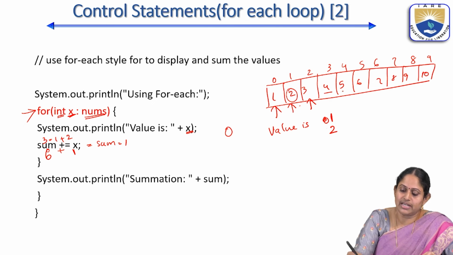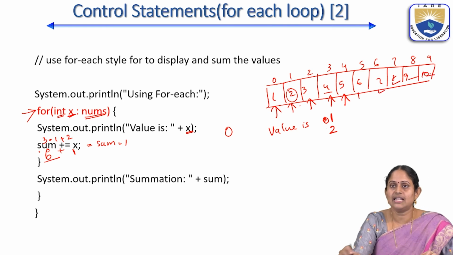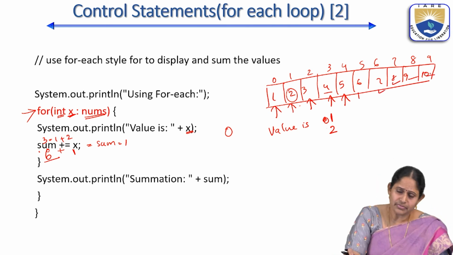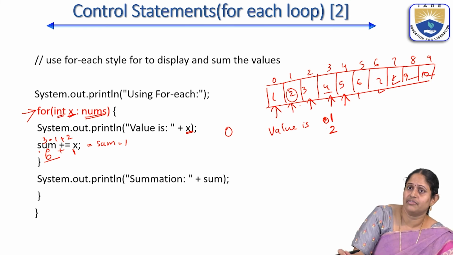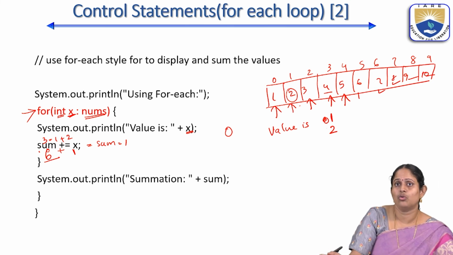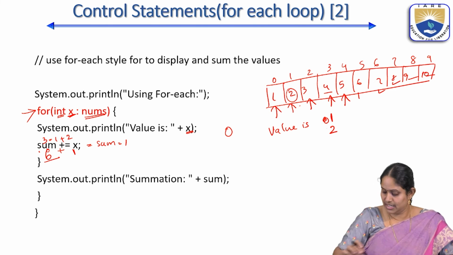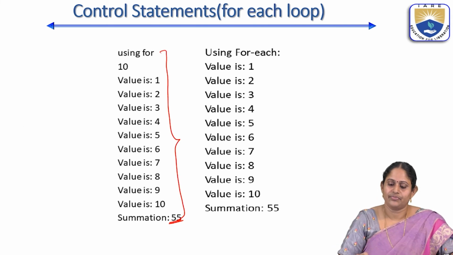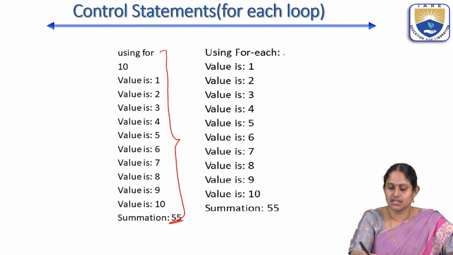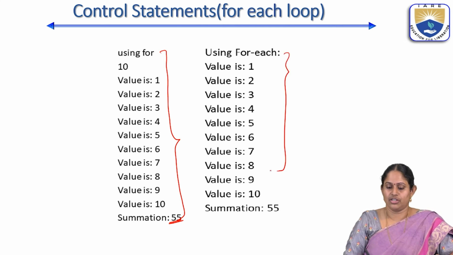Then 6 plus 4, 10. Next it will again iterate to the next element, add it and store it into sum. Likewise it will iterate over all the elements until there are no more elements in that collection. This loop will execute, and finally you get the output like this. This is the output of using the for each loop.